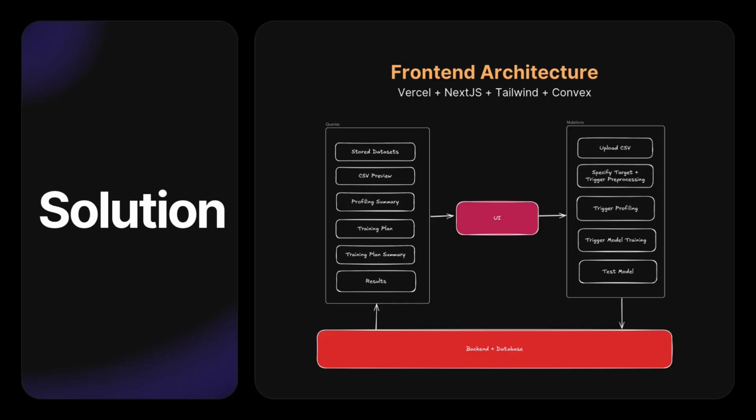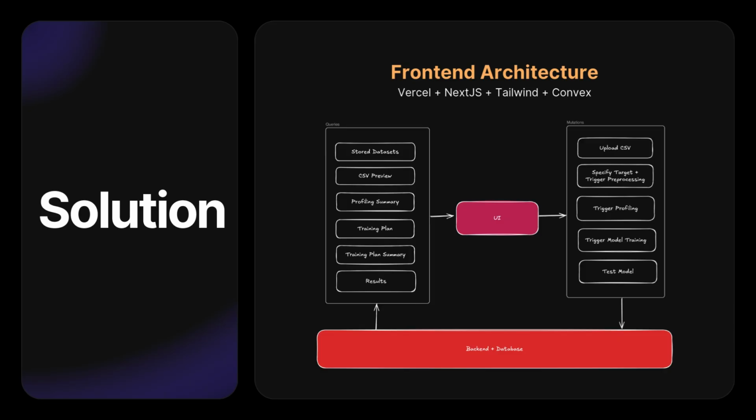The front end architecture is very simple. I have multiple Convex queries and I also have multiple Convex mutations. The way the user flow works is the user uploads a CSV that gets sent to Convex. That's going to show into the dashboard. From the dashboard, you can pick a database.